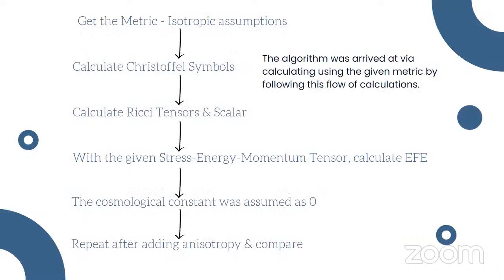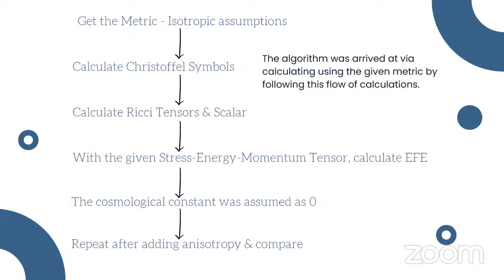So we had an isotropic metric, a line element for a spherically symmetric space-time, a bit similar to what was already given for the Schwarzschild sphere. That was an assumption.